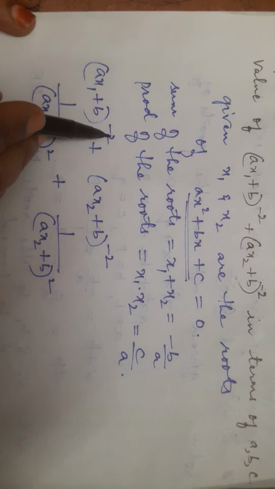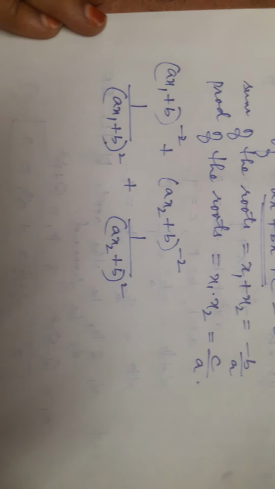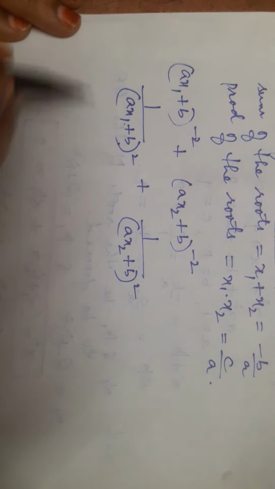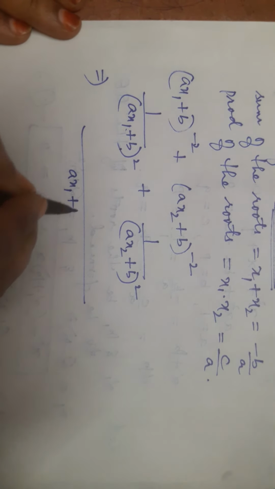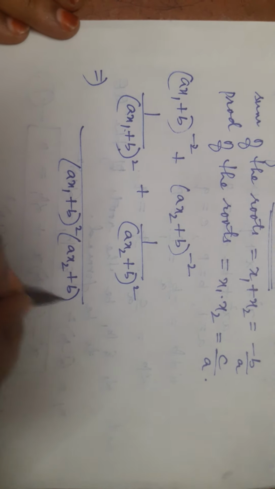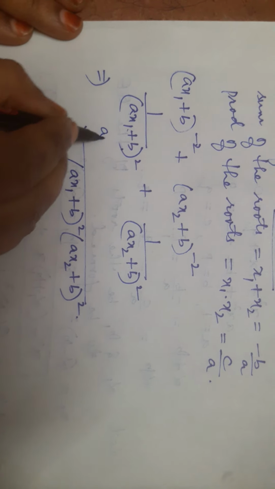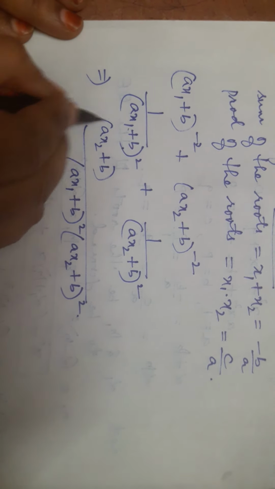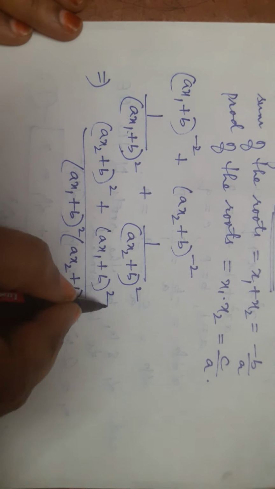This is negative power, so I am writing it in the denominator, so power becomes positive. Now I am taking LCM of these two terms. So LCM is (ax1 plus b) whole square into (ax2 plus b) whole square. So if I cross multiply, (ax2 plus b) whole square plus (ax1 plus b) whole square.